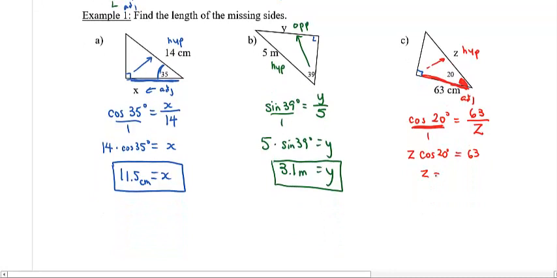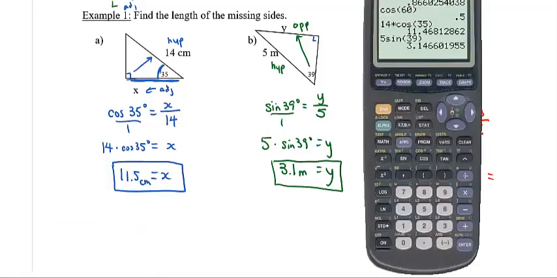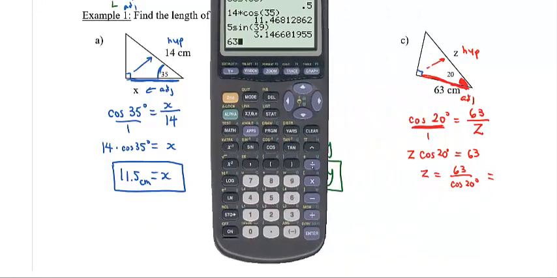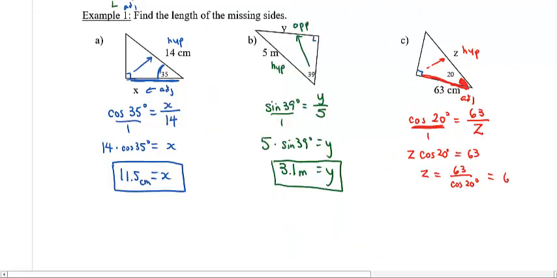So Z is actually equal to 63 divided by cosine of 20 degrees. And now if I use my calculator to figure that out, 63 divided by cos 20, close the bracket, 67. So 67 centimeters. Okay.